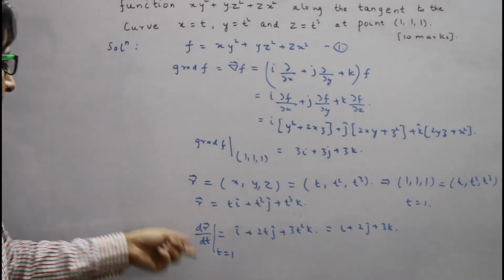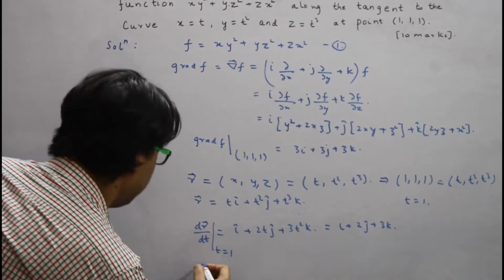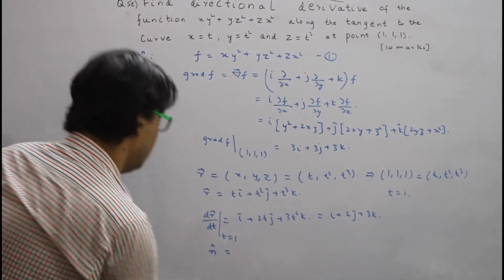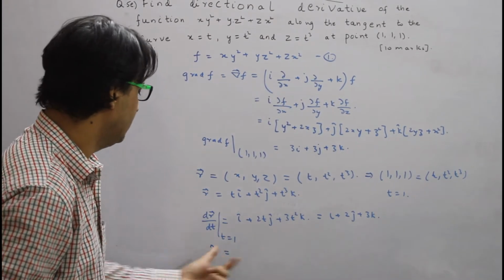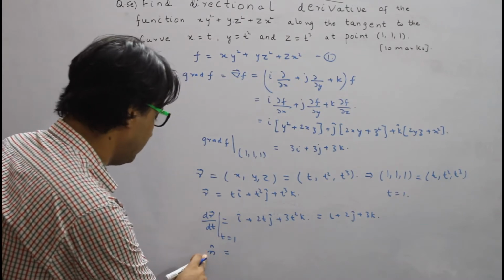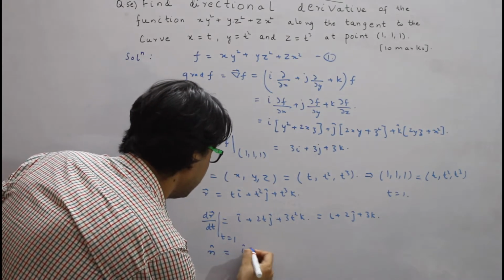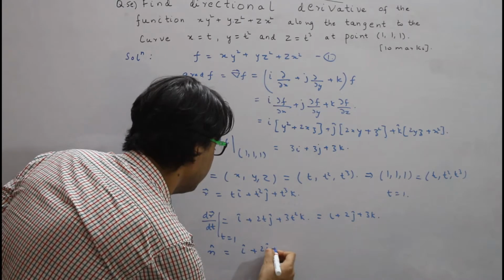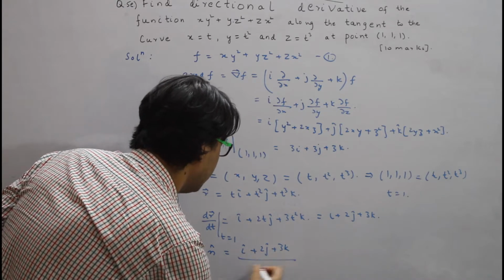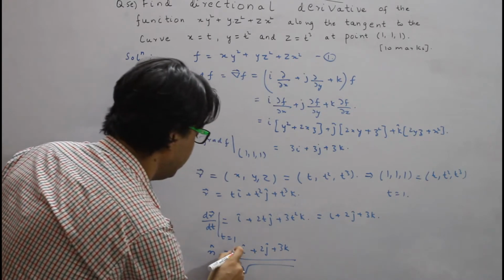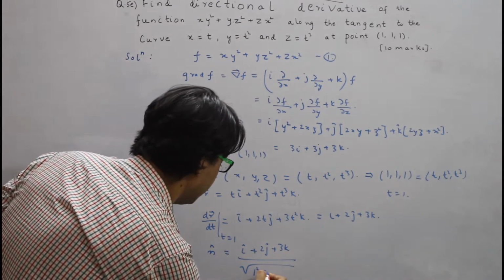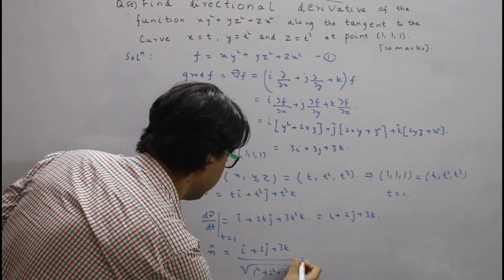So that means we have to take the unit vector along this direction. You can find it as i plus 2j plus 3k divided by under root of 1 square plus 2 square plus 3 square.